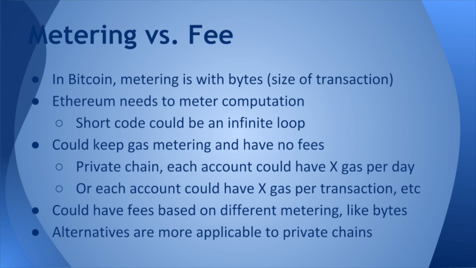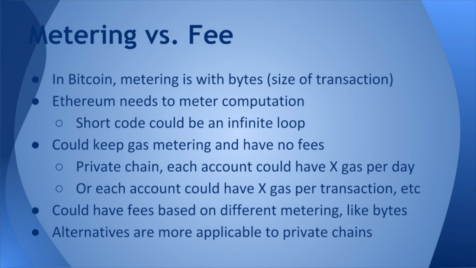So the next slide is going to be the conclusion. This one is about the difference between metering and the fee. I showed these slides before, and one piece of feedback I got was to really emphasize this point. In Bitcoin, the metering is done by bytes, basically the size of a transaction.